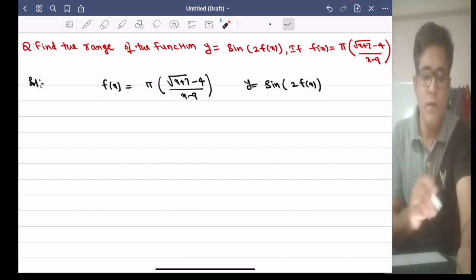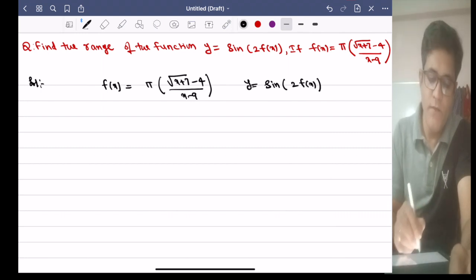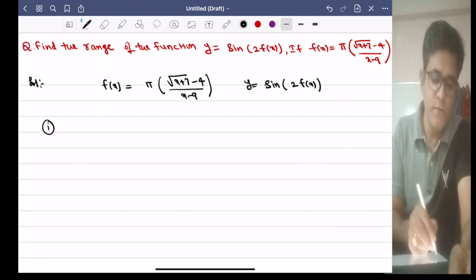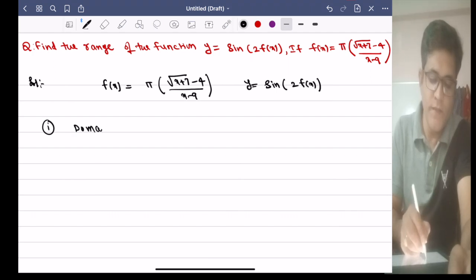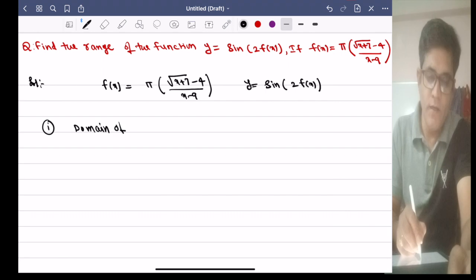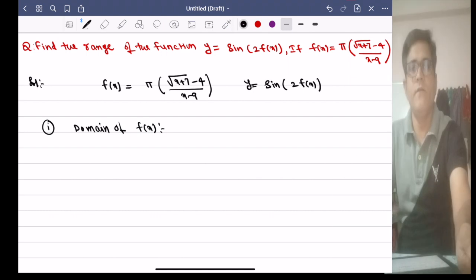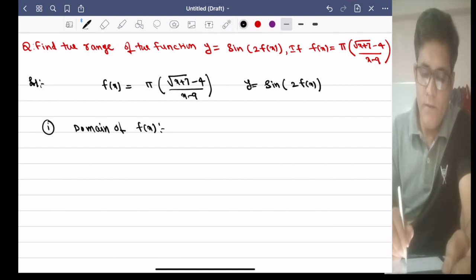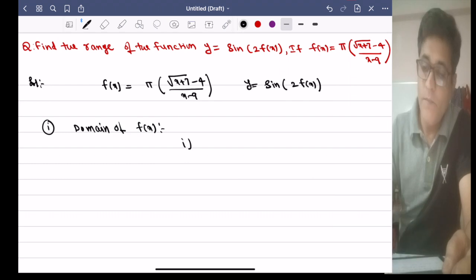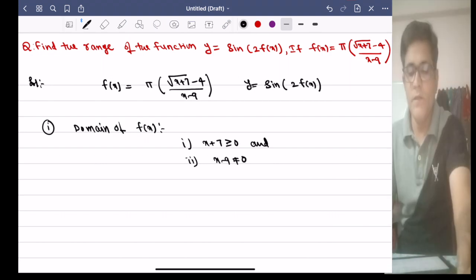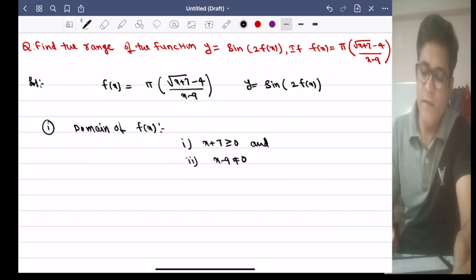For that, first we find the domain of f of x, then we will find the range in the domain. So domain of f of x. f of x is well defined when the first condition is x plus 7 is greater than or equal to 0, and the second condition is x minus 9 is not equal to 0.